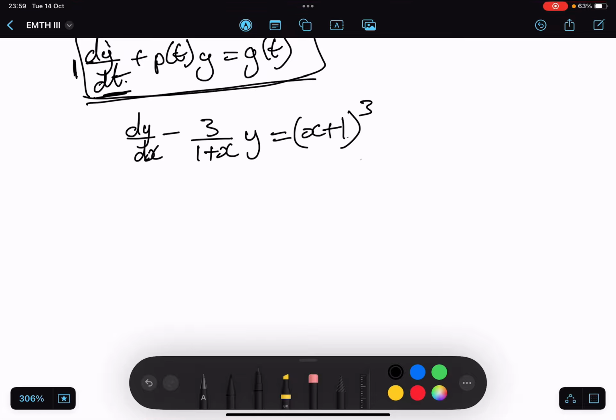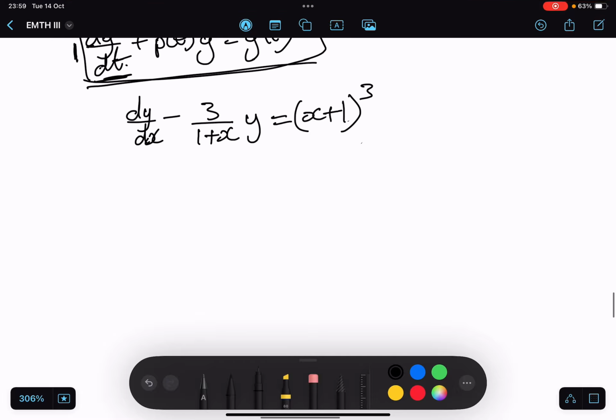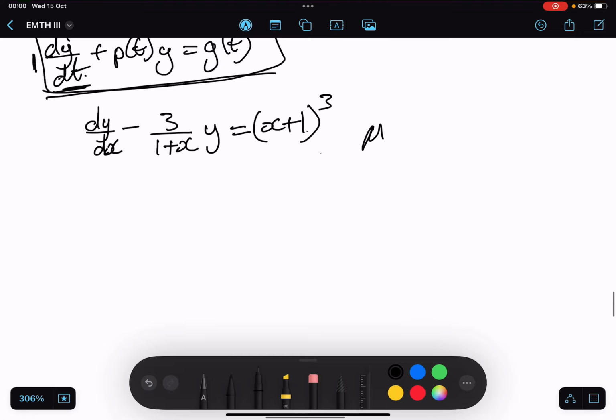From here we need to determine the integrating factor. Our integrating factor u(x) should be e to the power of the integral of p(x) dx.